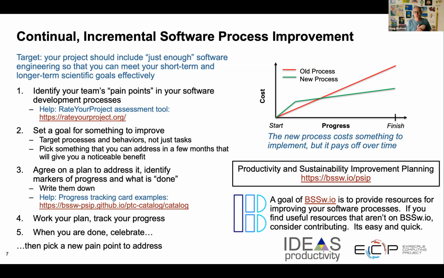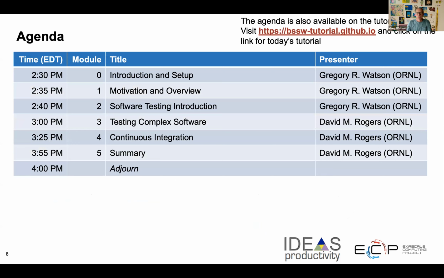And there's a bunch of tools and examples of how you can implement these processes yourself and move towards improvements in software processes. And ultimately that helps you improve your software. We're not going to go into this in great detail, but there's plenty of links there that you can follow if you want to dig more into that.